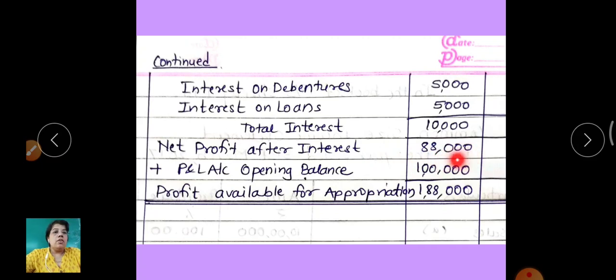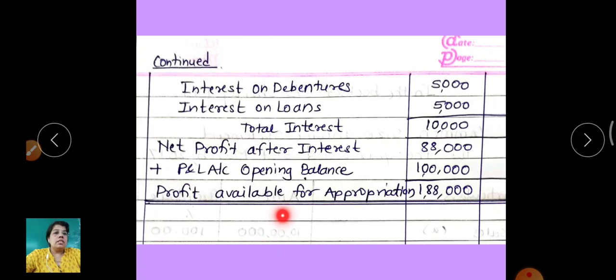Now usually after this step we add the non-operating income and deduct the non-operating expenses. But in this question there are no non-operating income and non-operating expenses given, and no extraordinary items either. Then we deduct the income tax or provision for tax and write the net profit after tax.